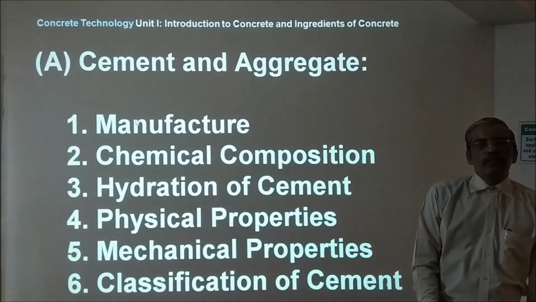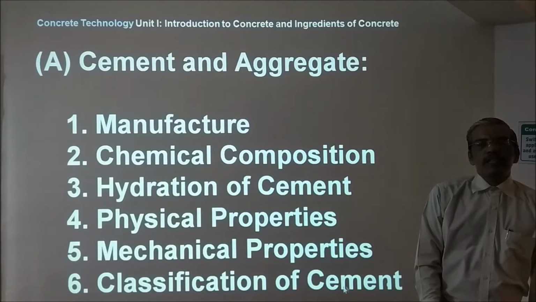So here we will see part A, cement and aggregate. In that we will see first the manufacture of the cement, second the chemical composition, third hydration of the cement, fourth physical properties, fifth mechanical properties and sixth classification of the cement.